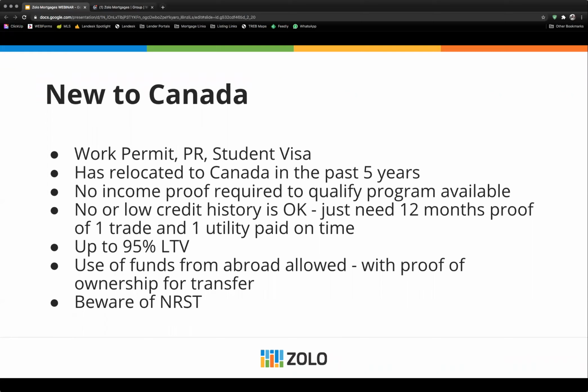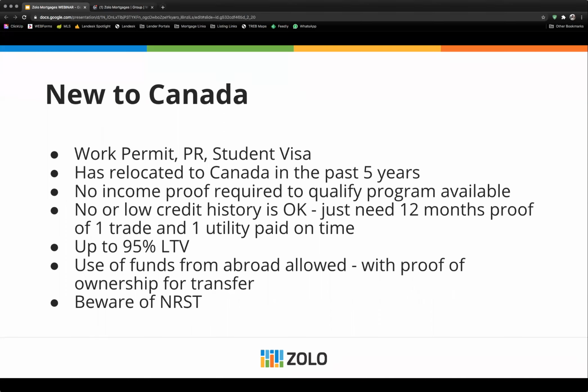If they're bringing over a large amount of money from their home country, even $70,000, we can purchase up to 95% LTV for a client that doesn't have a job yet. All they have to prove is that they have enough money available to make the payments on principal, interest, taxes, and heat for the property.